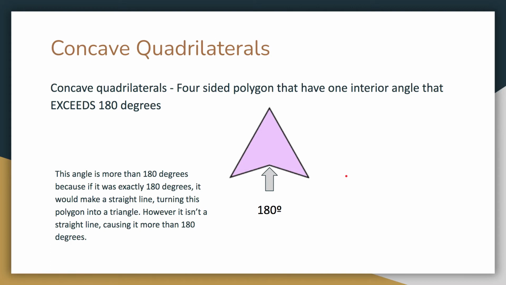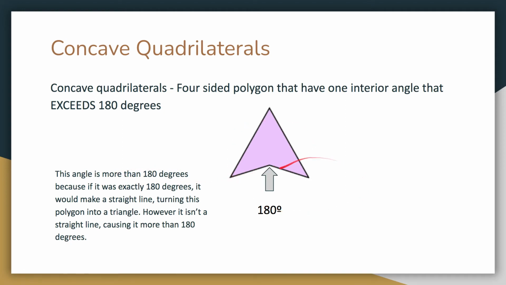Moving on to concave quadrilaterals. Concave quadrilaterals are 4-sided polygons that have one interior angle that exceeds, or is greater than or more than, 180 degrees.